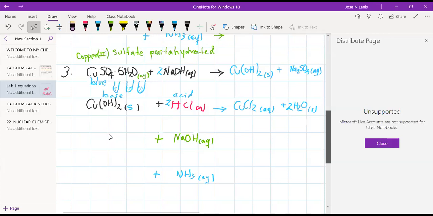As expected. In the next tube, we added an excess of sodium hydroxide. What happened?